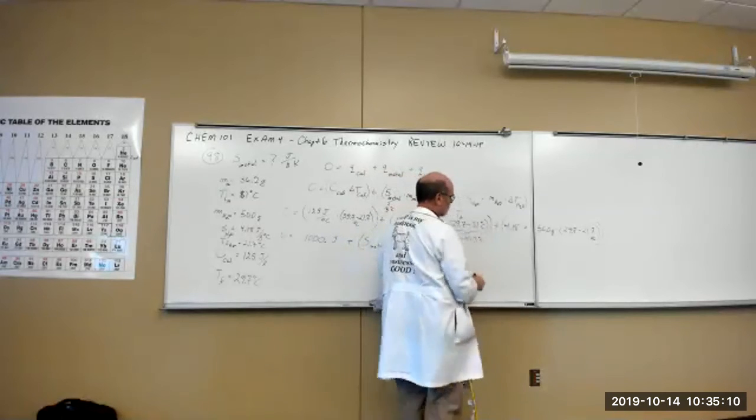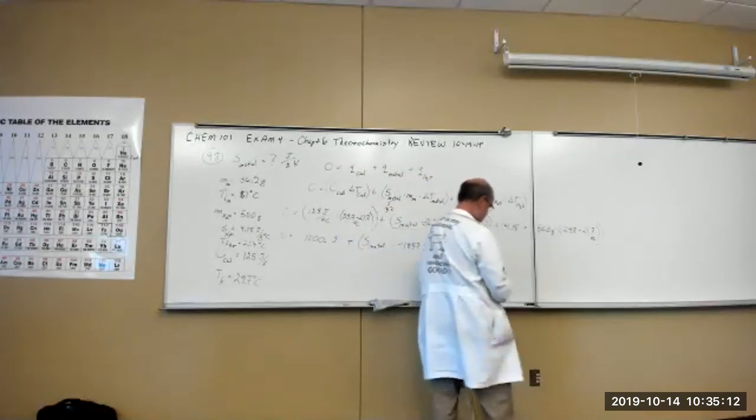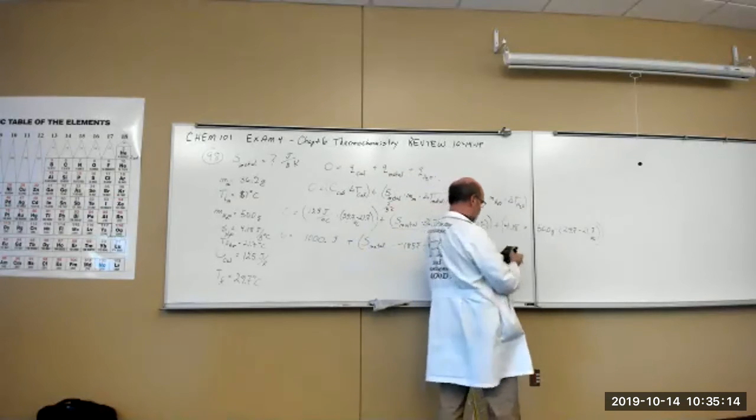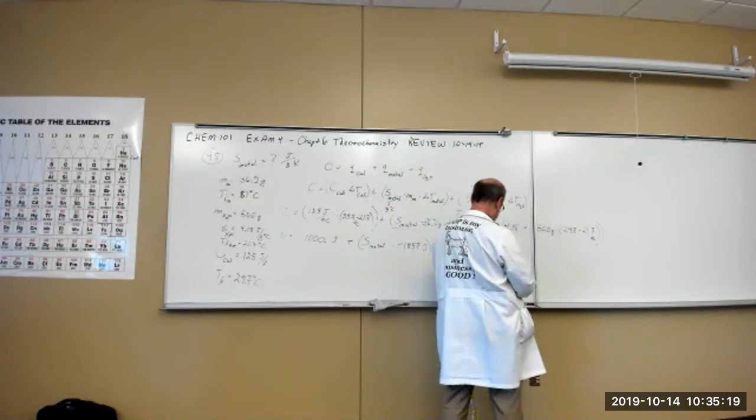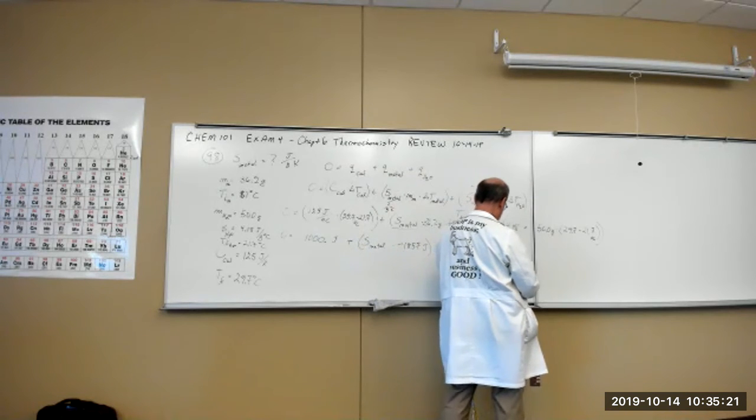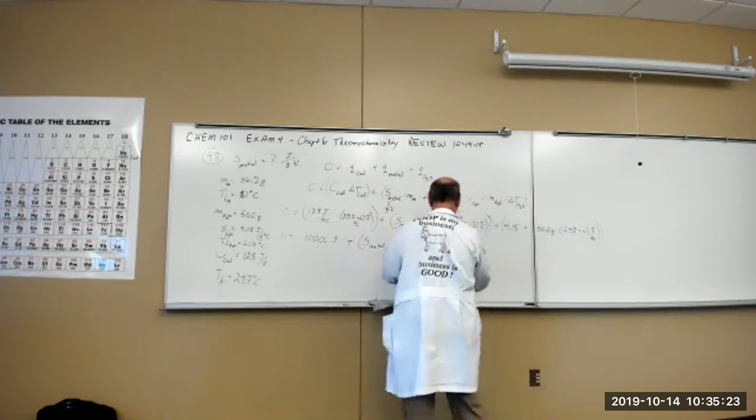And then this one is 8 times 50, which is 400 times 4.18. That's 1672.